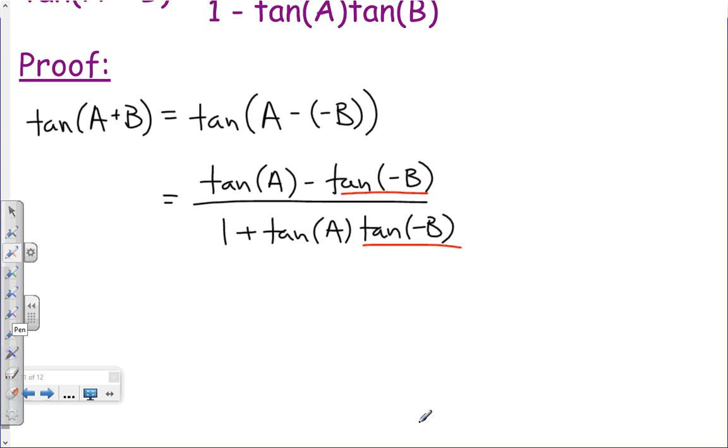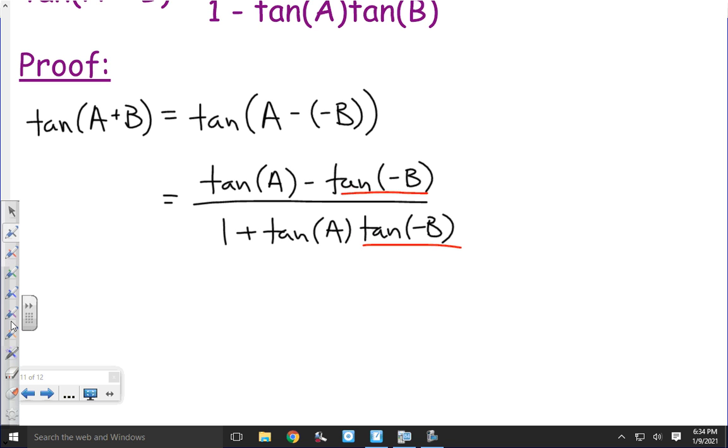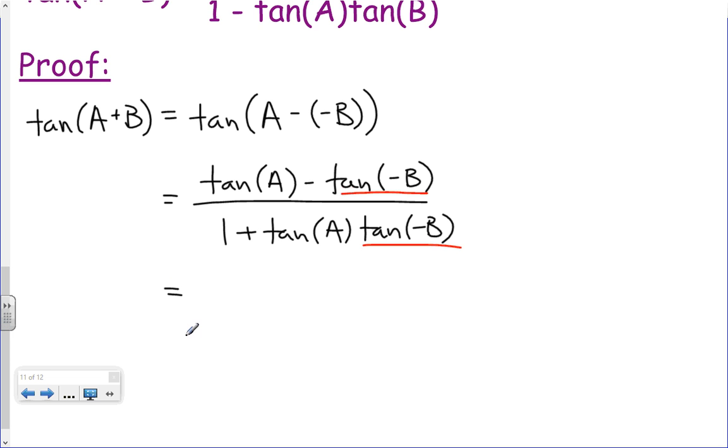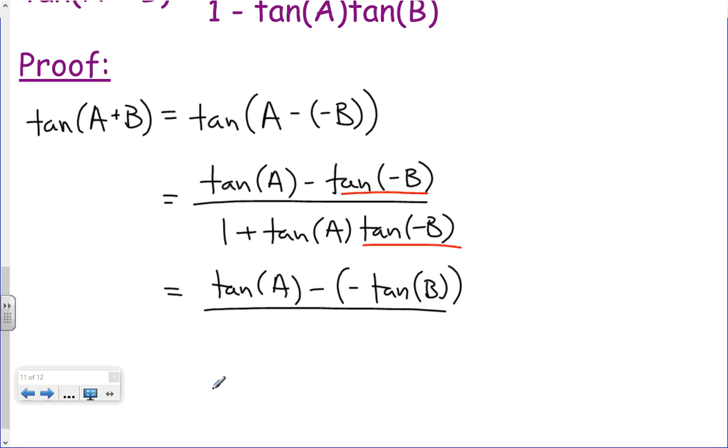Tangent is an odd function. So since tangent is an odd function, we can replace the tangent of the opposite of B with the opposite of tangent of B. So what do we end up with here? I've got tangent of A, and then minus, it's going to be the opposite of tangent of B. And in the denominator, I've got 1 plus the tangent of A times the opposite of the tangent of B.